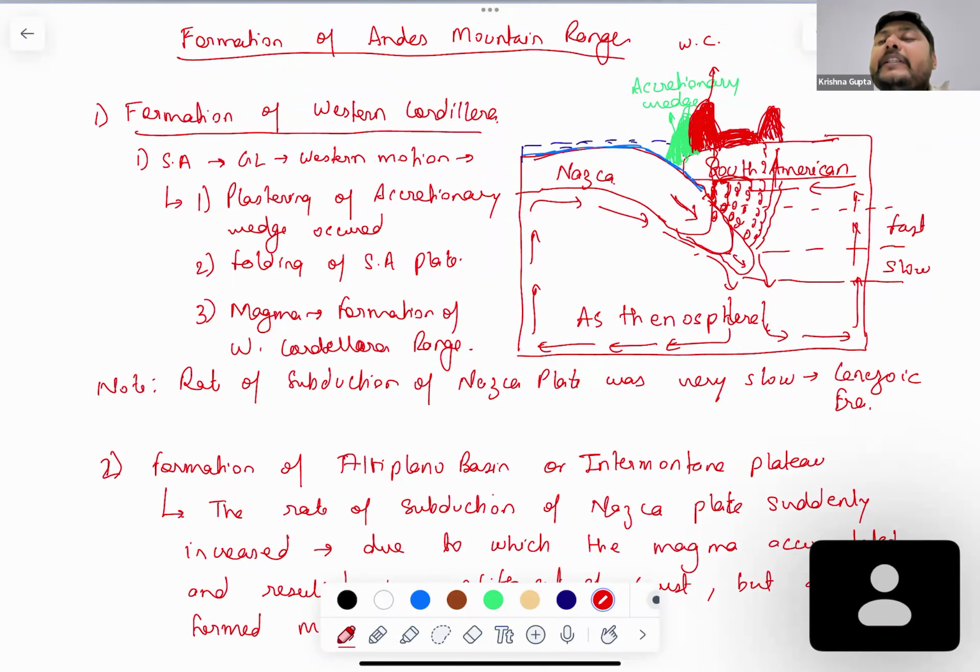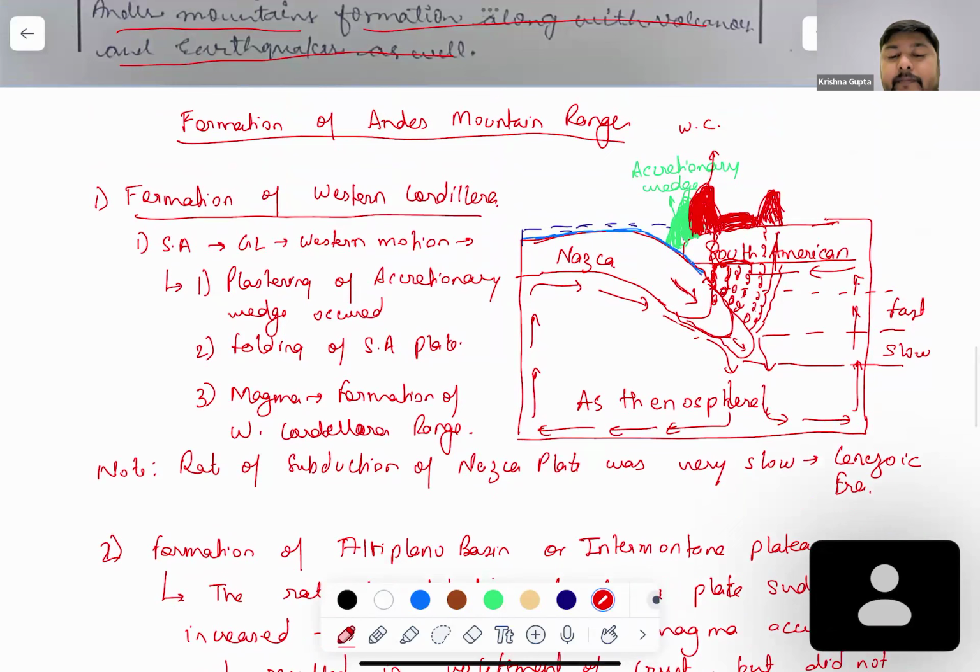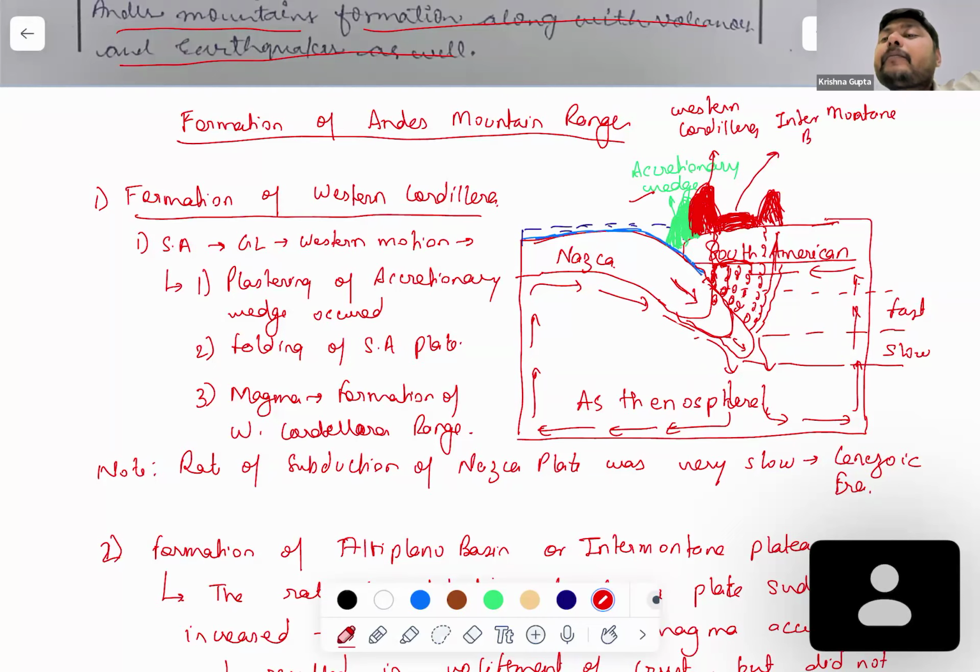This mountain range, we call it, this is the Western Cordillera consisting of the accretionary wedge. This is the intermountain basin. And this is the Eastern Cordillera.